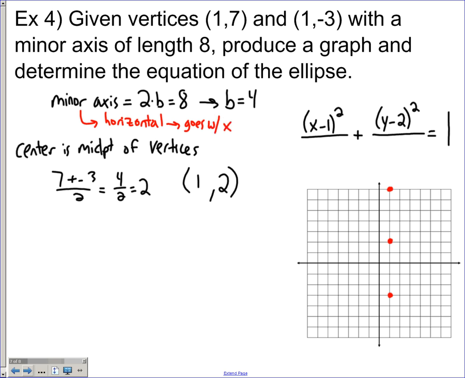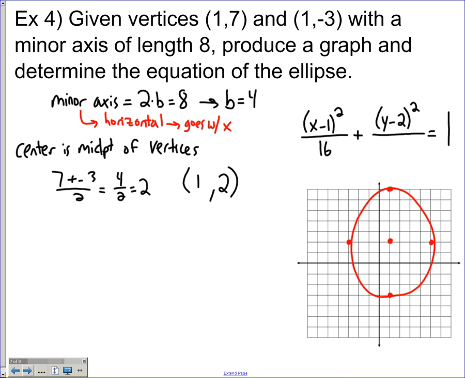So I'm going to put the b value is 4. That goes with x. We have to square it, so we're going to get 16. Okay? And we can go ahead and plot that. So from our center, we can go over 4 in both directions. And we can make our graph. Looks almost like a circle, but you can tell the major axis, the vertical, is a little bit longer. It's a little bit stretched out.